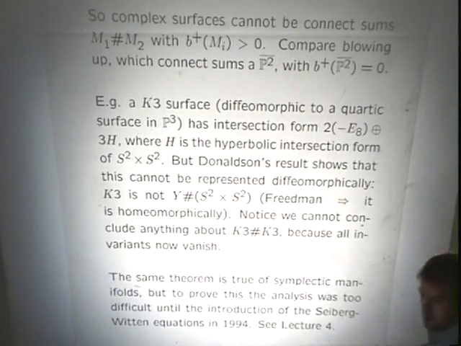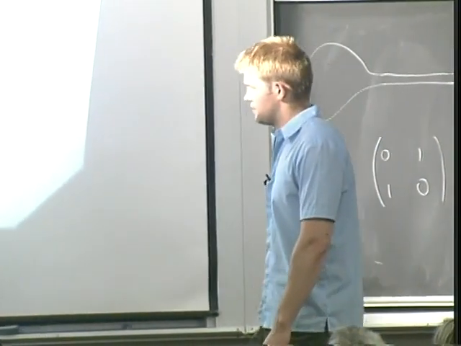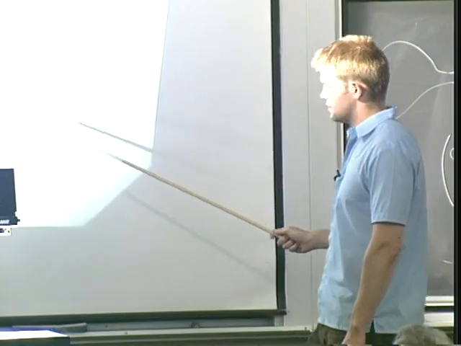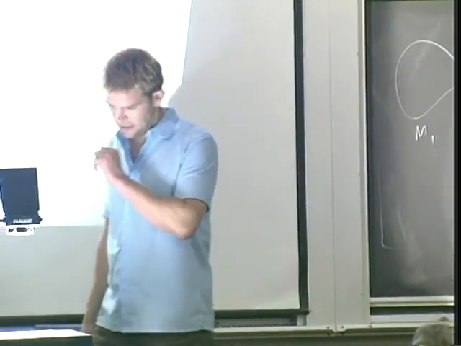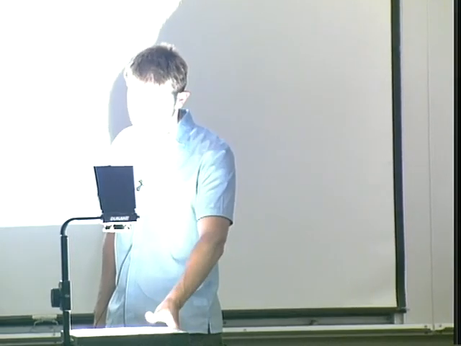Because the Donaldson polynomials of the K3 surface don't vanish, but the Donaldson polynomials of this connect sum would vanish. And the same theorem is true of symplectic manifolds, but the analysis is hideous, and so to do that you have to go to the Seiberg-Witten equations where the analysis is easier. Excuse me. That's supposed to lead naturally into lecture 4, but a small matter of lecture 3 to do first.